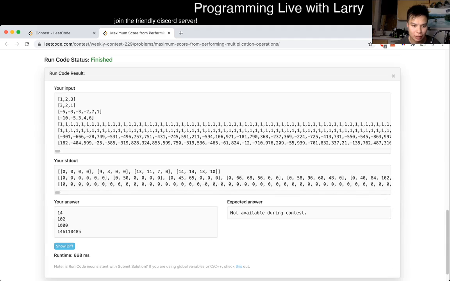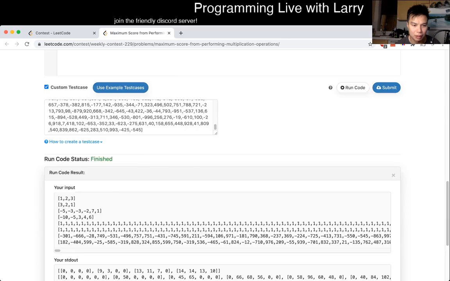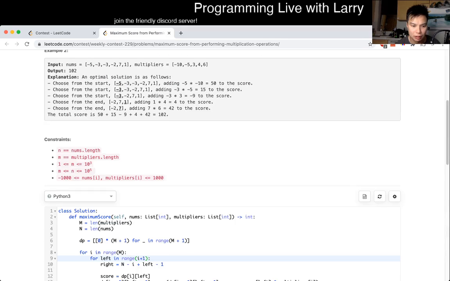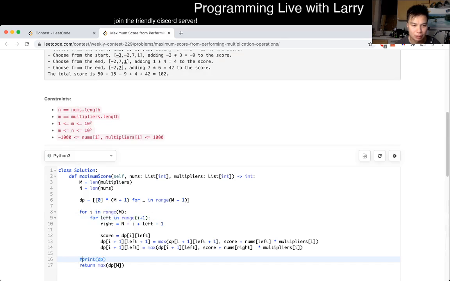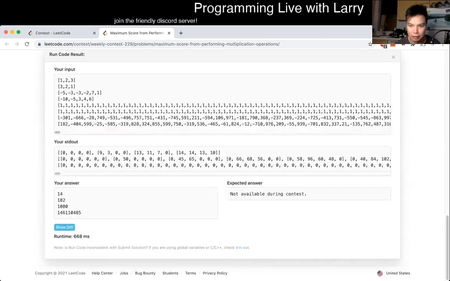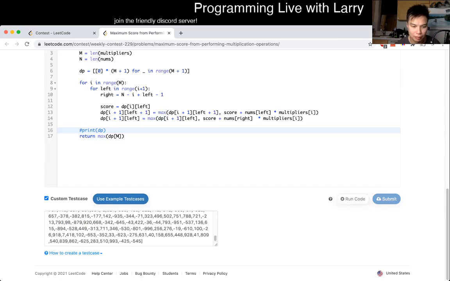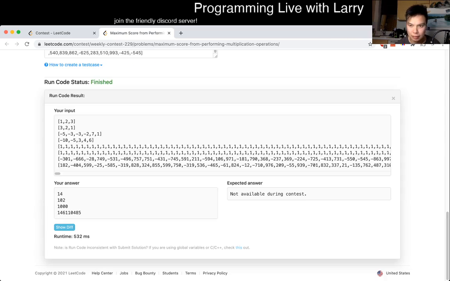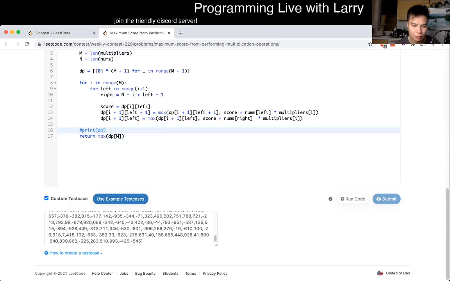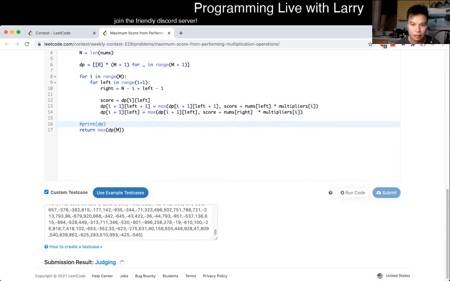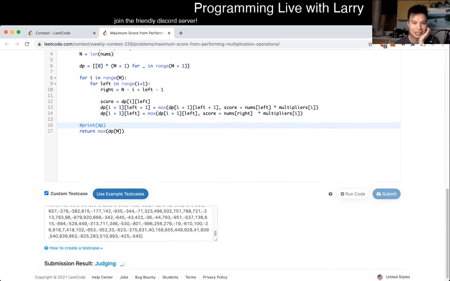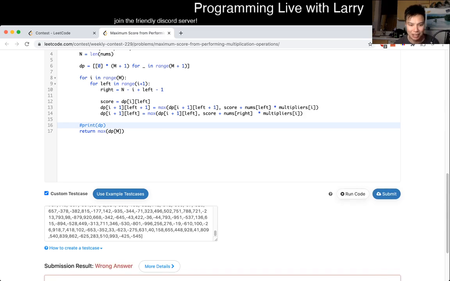I think that's the right answer, but it's still pretty slow, so I'm a little bit worried. But at this point, I don't know, right? Why is m squared not fast enough? I don't get it. Oh, well, now I have a wrong answer, which is different.